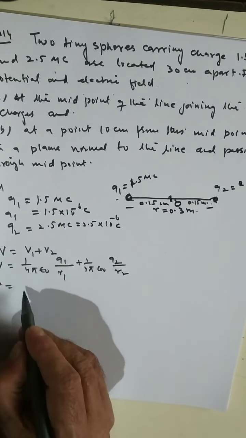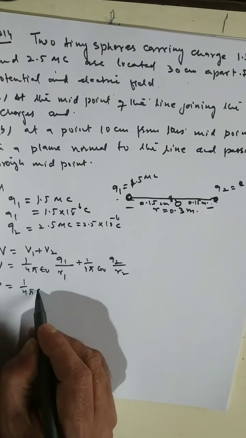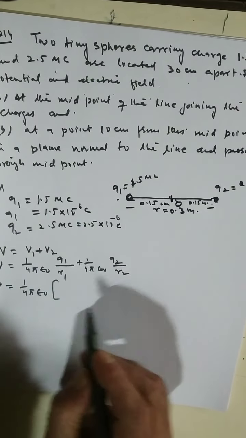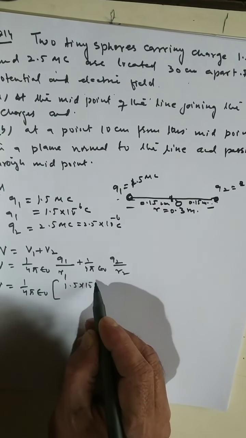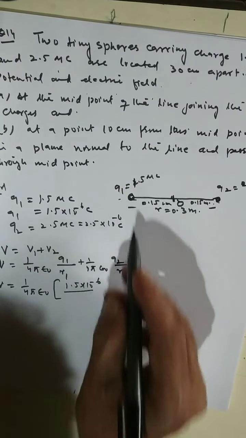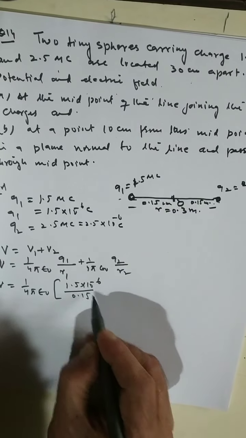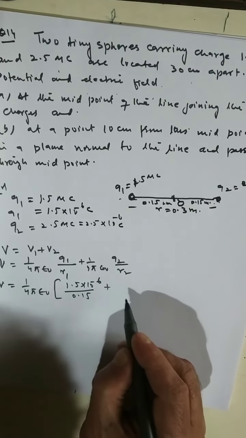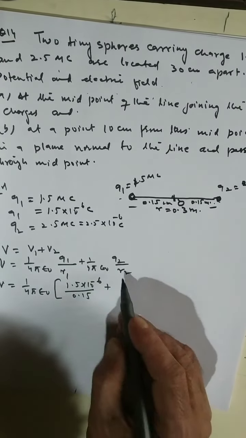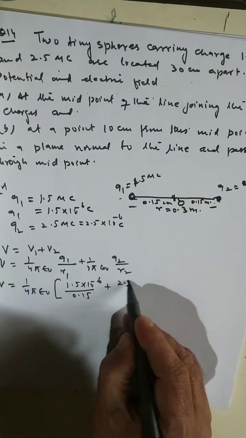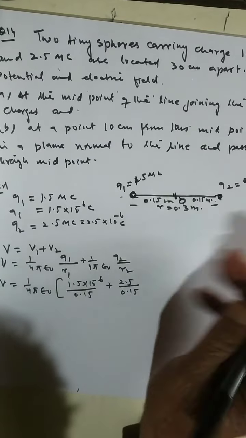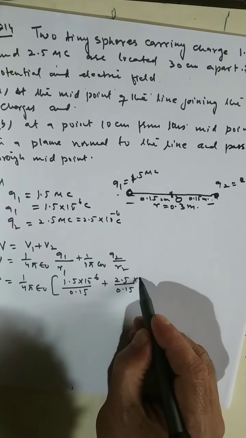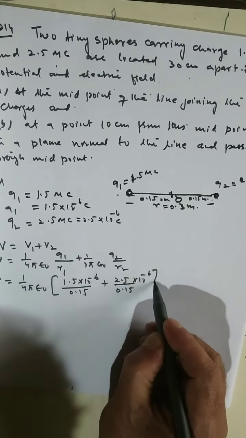So V, now 1 by 4 pi epsilon 0 we will take out. Now Q1, what is Q1? 1.5 microcoulomb, that is 10 raised power minus 6 coulomb. R1 is 0.15 meter, plus 1 by 4 pi epsilon 0 taken common, again 2.5 divided by 0.15, the distance is the same, into 10 raised power minus 6.